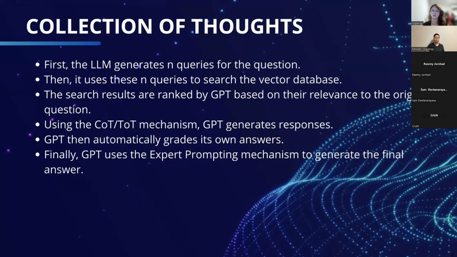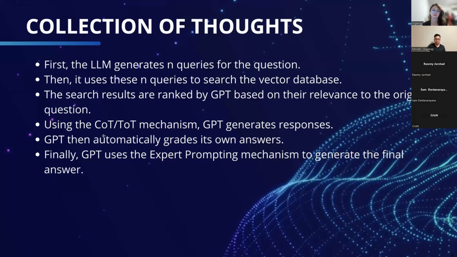Then the model uses these n queries to search your database, considering that it is already converted to vectors, vector embeddings. Then the model ranks those results on their relevance to the original question.